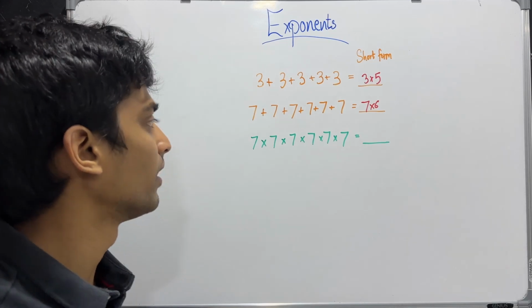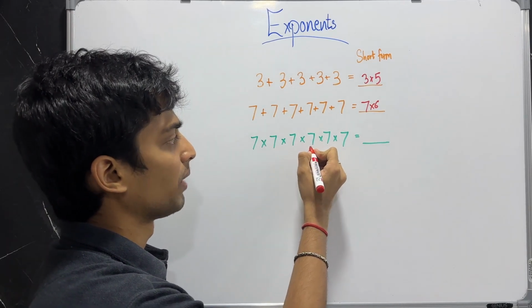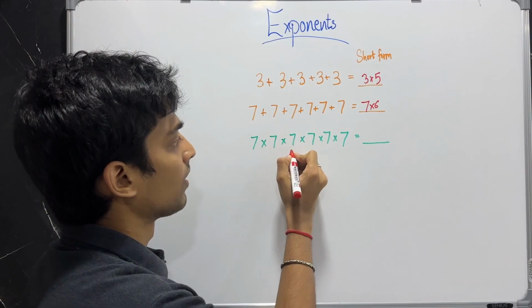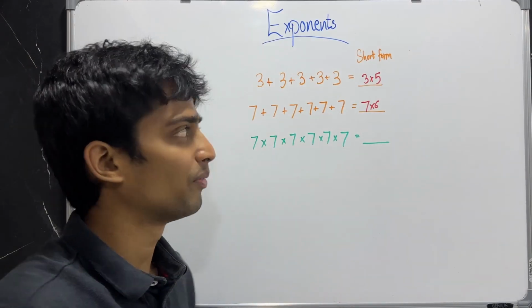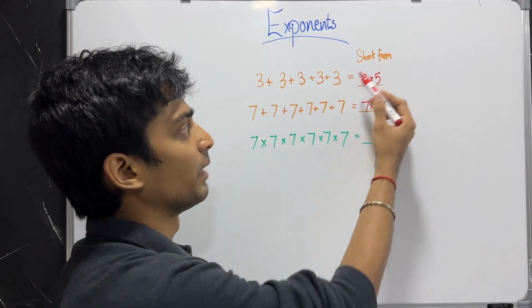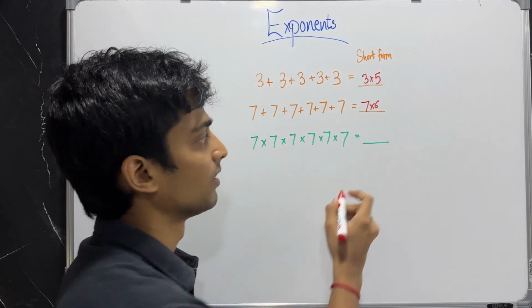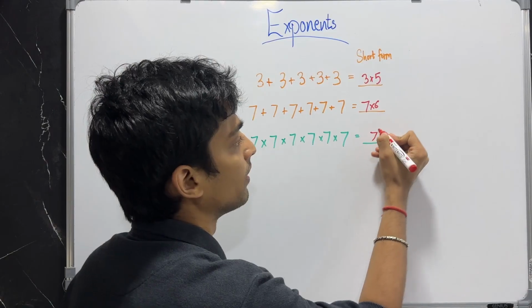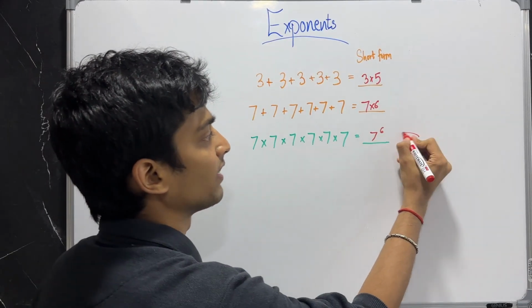Okay, now the third one, 7 multiplied by 7 multiplied by 7 multiplied by 7, 6 times. So here we cannot do the same way. So the answer is 7 raised to 6, and this is called exponents.